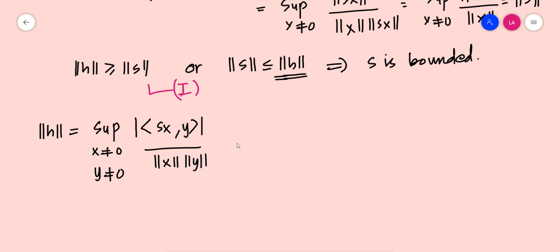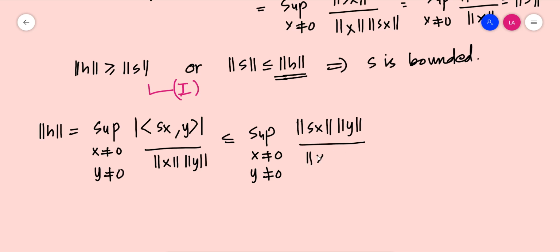Now by the Schwarz inequality, the right-hand side is less than or equal to norm Sx times norm y. So this is less than or equal to the supremum over x not equal to 0, y not equal to 0, of norm of Sx times norm y divided by norm x times norm y. Since y is not equal to 0, norm y is not equal to 0.